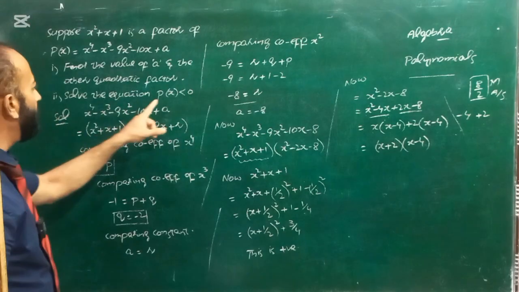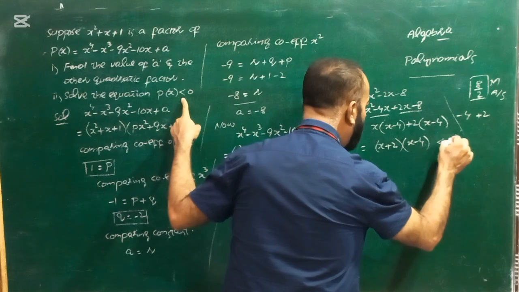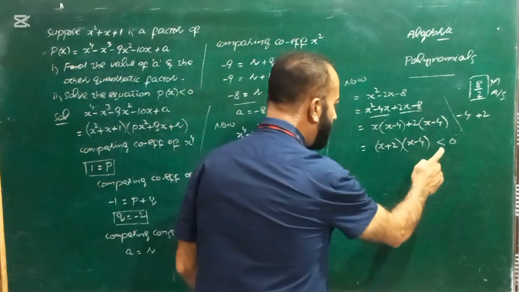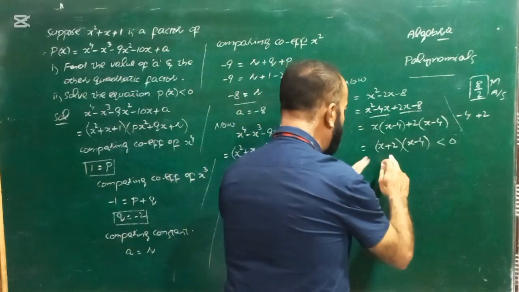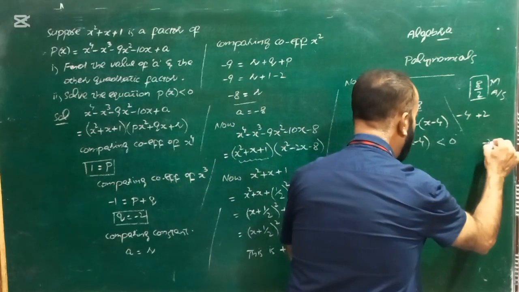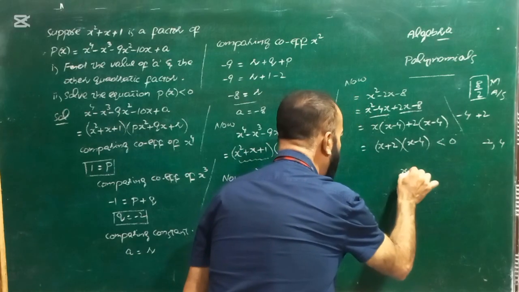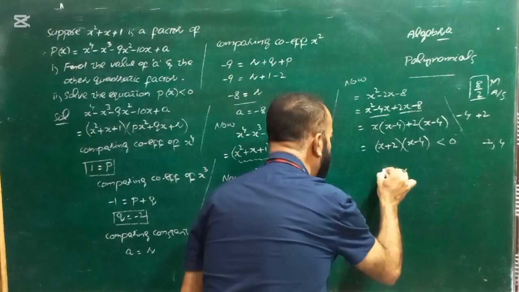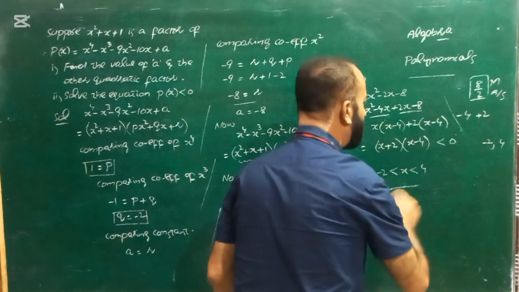The question is p of x should be lesser than 0. So it means this should be lesser than 0. Lesser than 0 means greater than lesser value, lesser than greater value. So values will be -2 and +4. So greater than lesser value and lesser than greater value. So this is the answer.